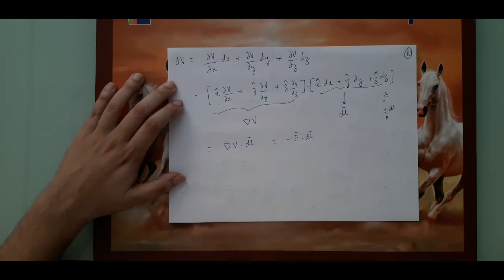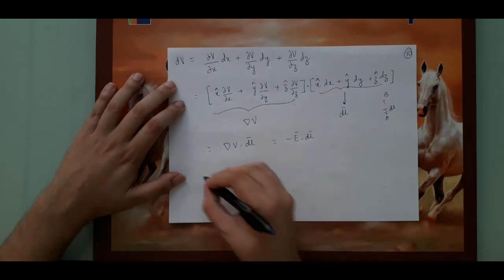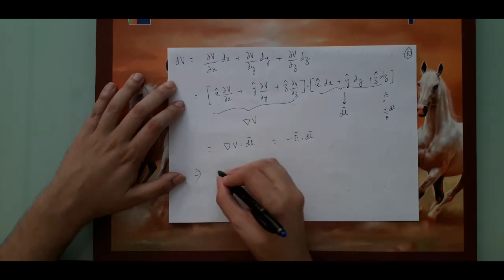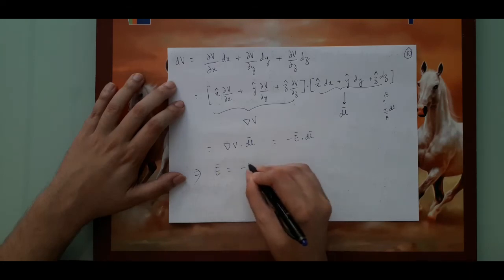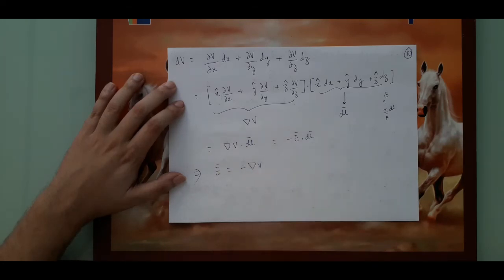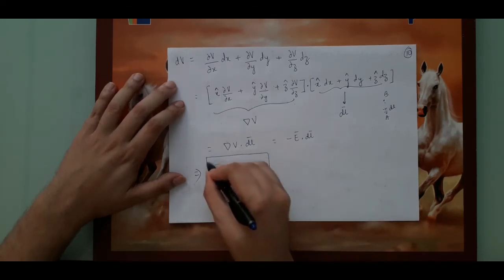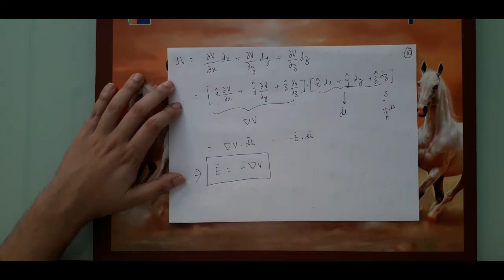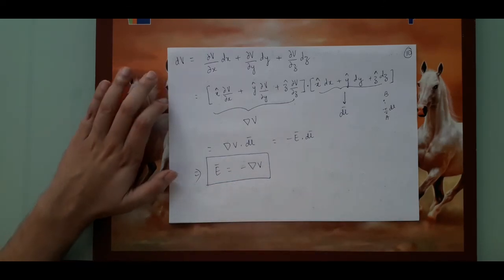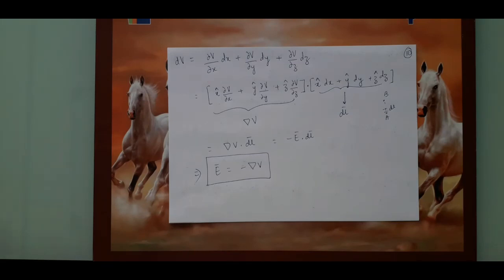So just by comparing the two vectors, I can say that the electric field is nothing but the minus gradient of the electric potential. This is a very important result.